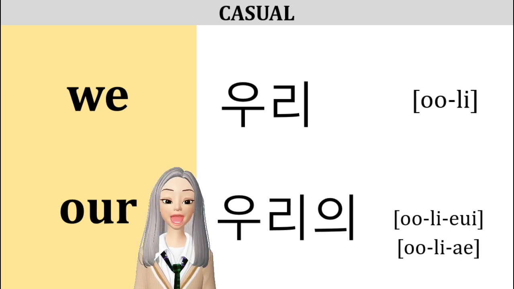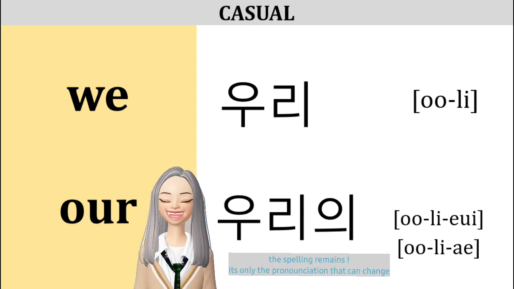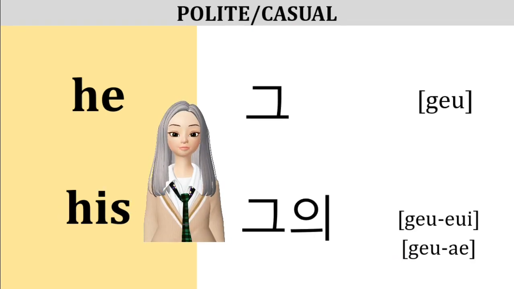We casual form is 우리. Now possessive form, our, becomes 우리의. Again, the pronunciation can just be 우리에. For he, polite and casual form are the same, which is 그.